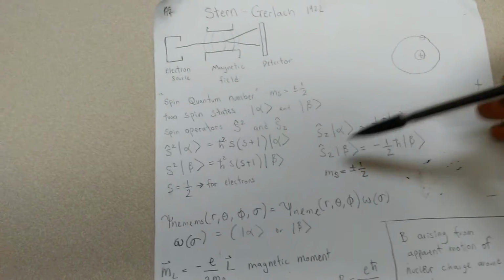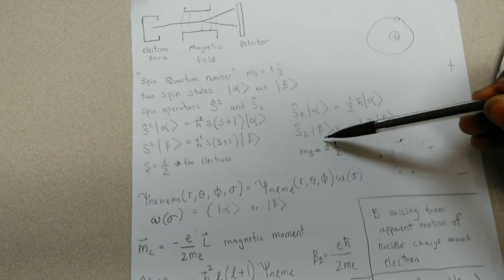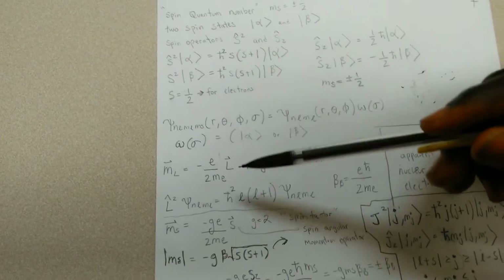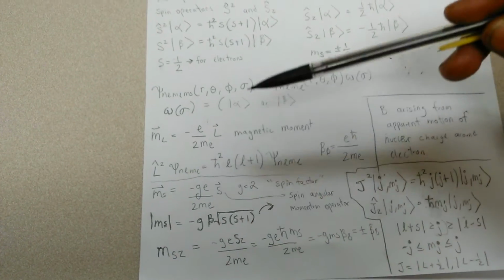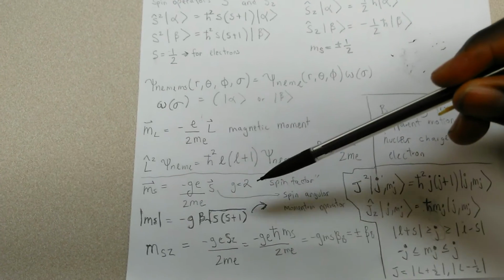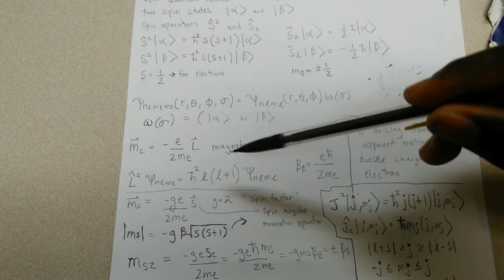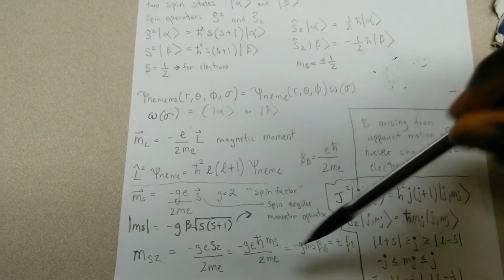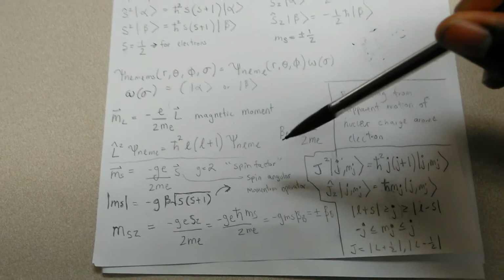And we already know what the spin quantum number is, which is plus or minus one half. So we can write what the effect of the magnetic field would be due to the spinning of the nucleus with respect to the rest frame of the electron.